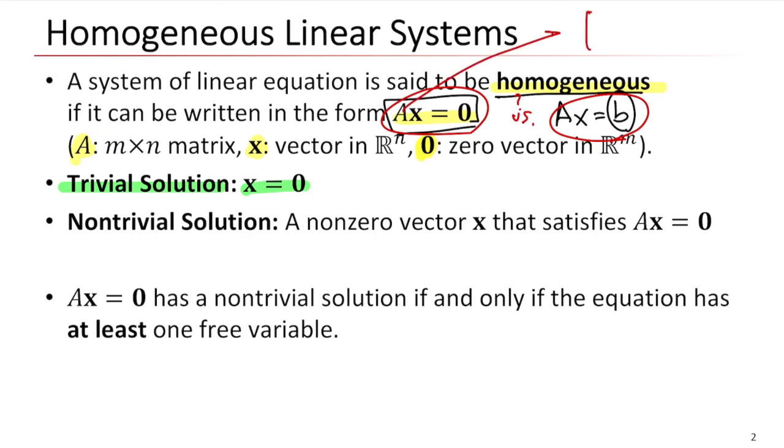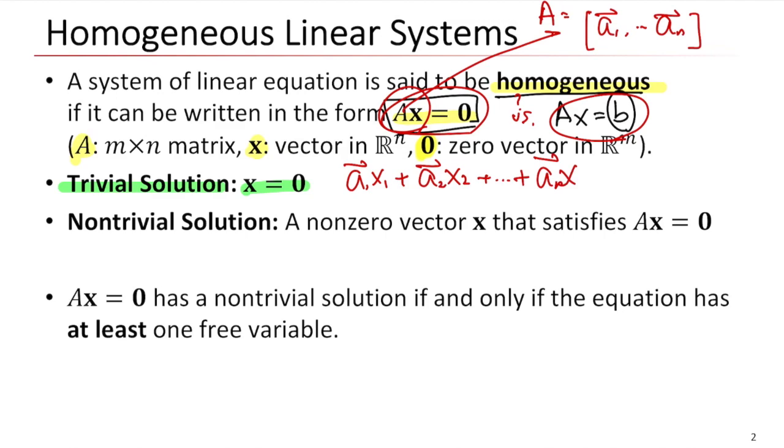Let's say the matrix A is equal to A1 through An, something like that. Then what is the vector equation of this one? A1 x1 plus A2 x2 plus through An xn equals 0. What makes this equation satisfied?